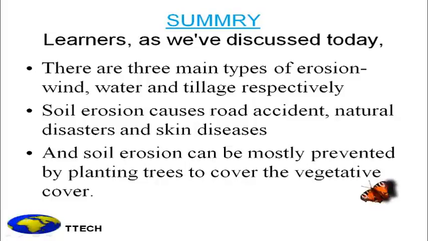In today's lesson, we learned that there are three main types of erosion, which are wind, water, and tillage respectively. We also learned that soil erosion causes road accidents, natural disasters, and skin diseases. And soil erosion can be mostly prevented by planting trees to restore the vegetation cover.